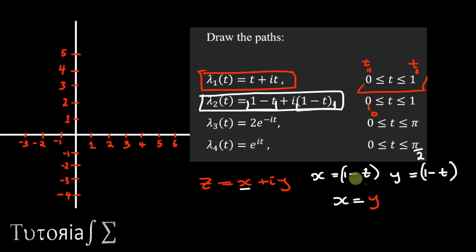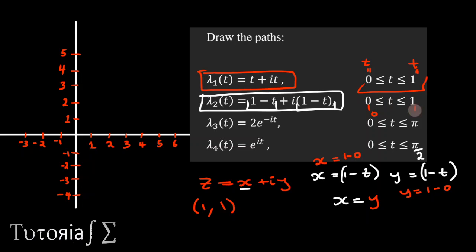When t is 0, our x is equal to 1 minus 0, so that will be 1, and y is equal to 1 minus 0, also 1. So for the lower limit, we have 1, 1.